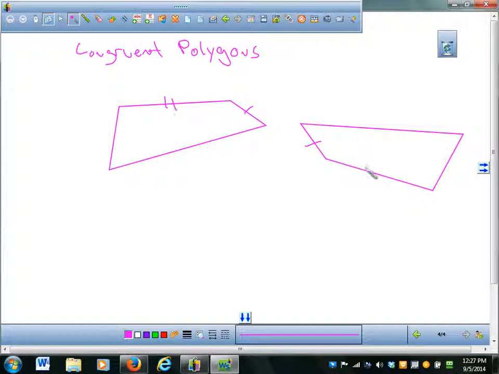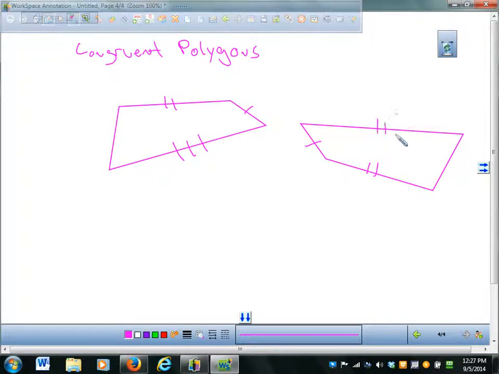Okay, so congruent polygons. What goes with this? Where does this go? Here, right?